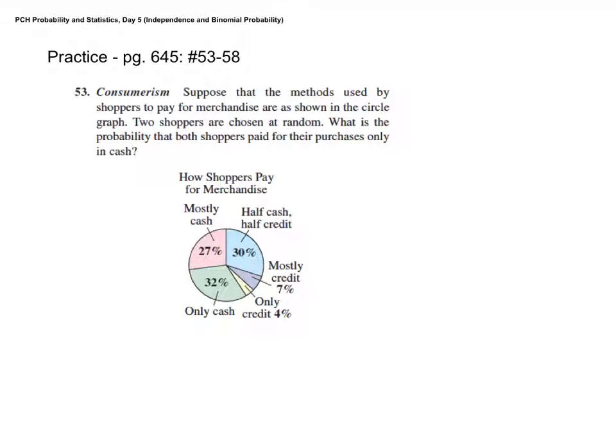Do we need to use the binomial probability theorem? No. Why not? Oh, it's not repeated? Well, it is repeated. We have 2 different shoppers, right? Not independent? With different probabilities? No, they have the same probability. What's the cash? 32%, right? Only in cash.